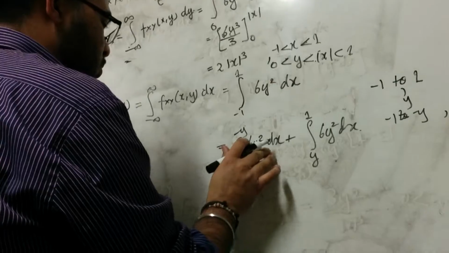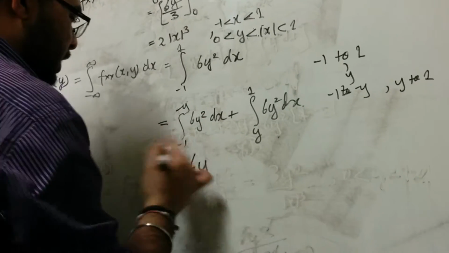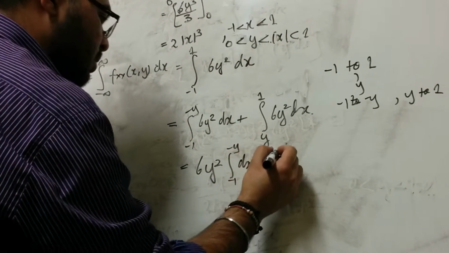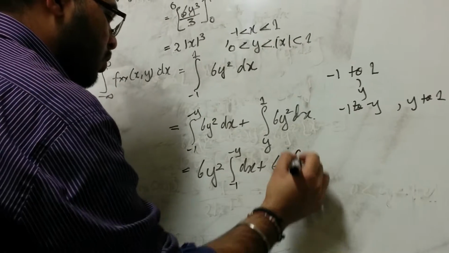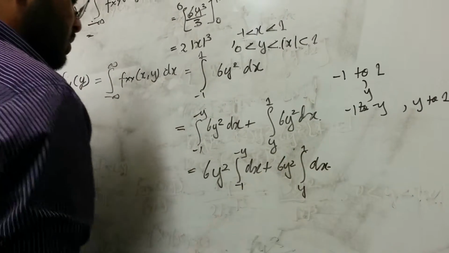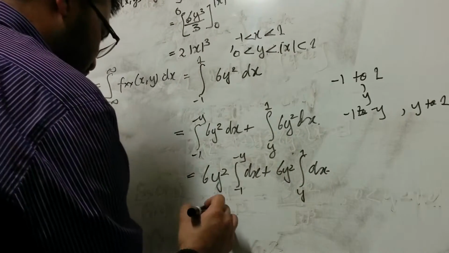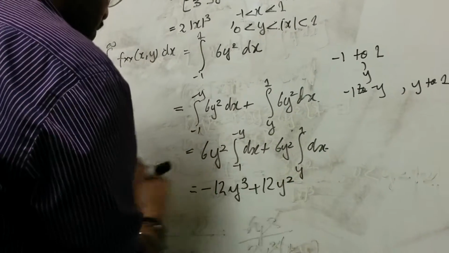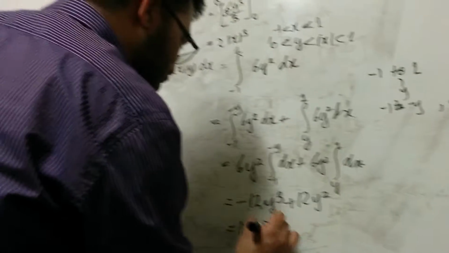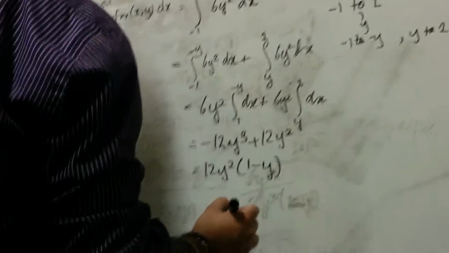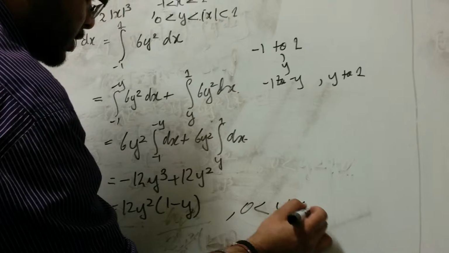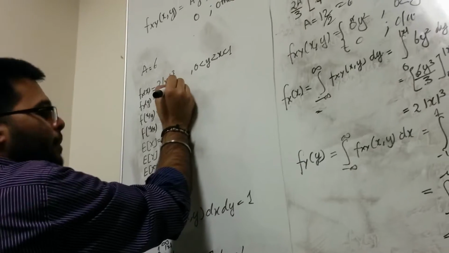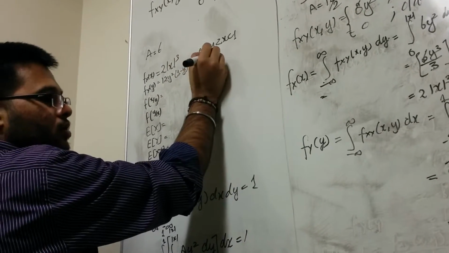Now as both these terms are constant, we can take them outside the integral. So that would be 6y square times the integral of dx from minus 1 to minus y plus 6y square times the integral of dx from y to 1. On solving and putting the values, we would get minus 12 y cube plus 12 y square. So taking 12 y square common, we would get 1 minus y, and the range is y greater than 0 less than 1. So the density function of y is 12 y square (1 minus y), for 0 less than y less than 1.